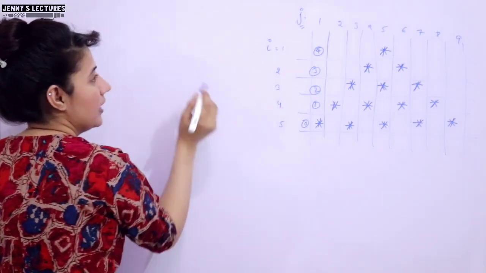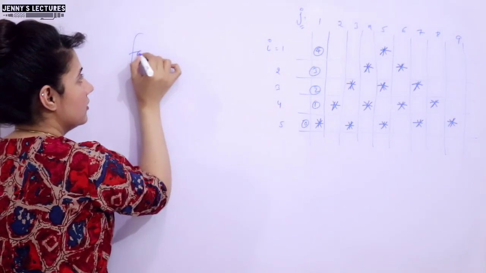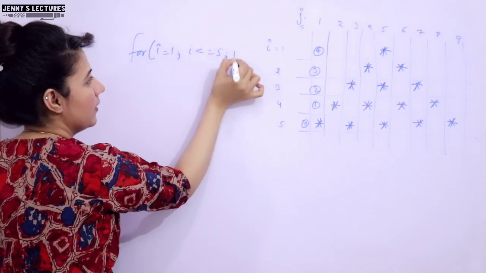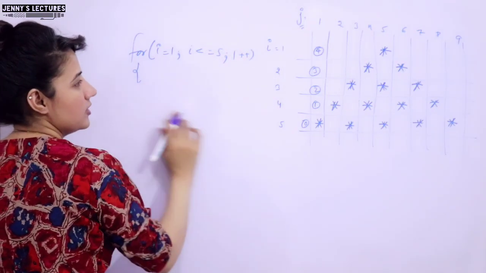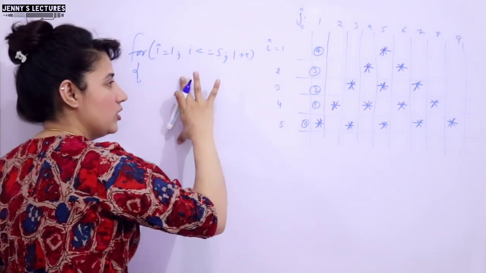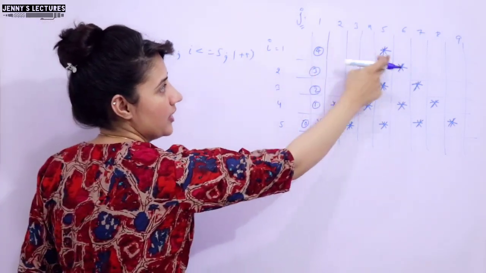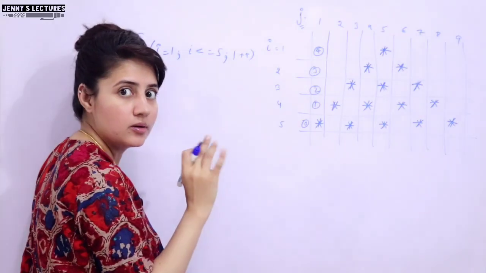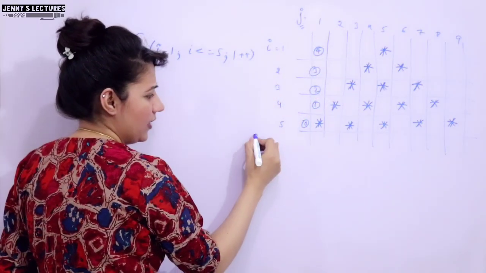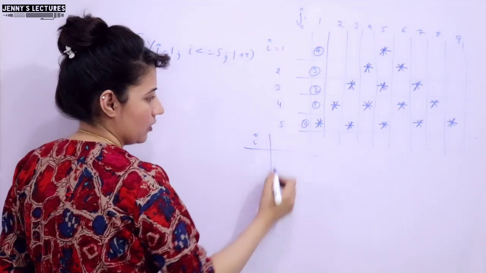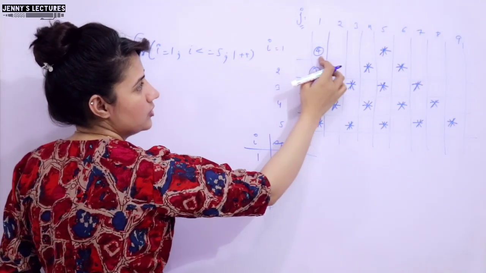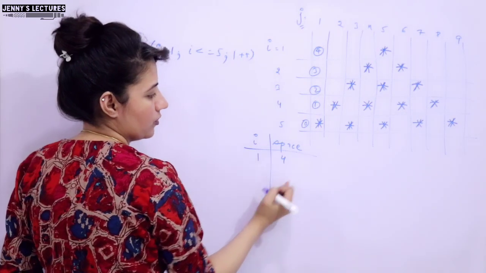Now let me write down the logic here first. The first loop would be I is equal to 1, I less than equal to 5 and I plus plus. This is just to take care of the number of lines. Now within this loop, 2 loops, one for space, one to print stars. Observe the pattern: when I value is 1, in the first line how many spaces? 4.